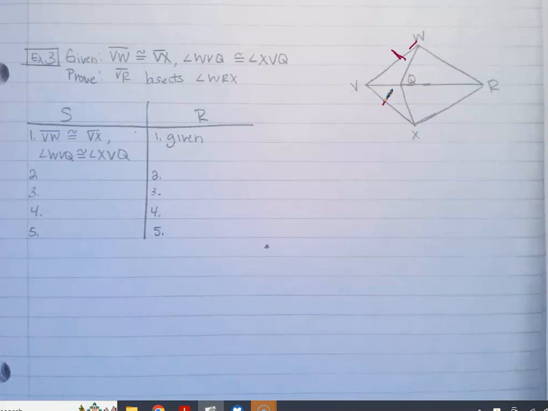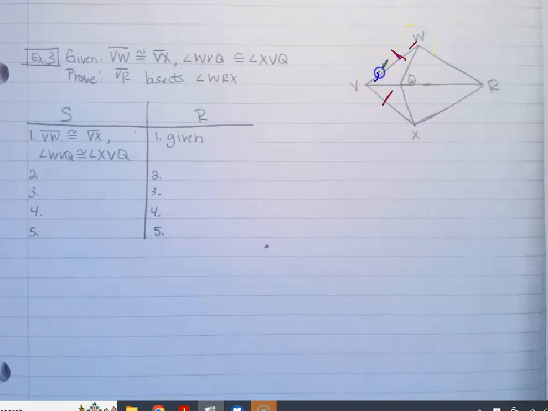All right, Lucas, what about our angle congruence? WVQ is congruent to XVQ. So where's WVQ? WV to Q, so the angle right in here.